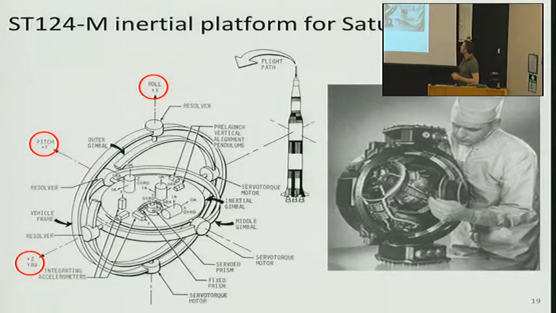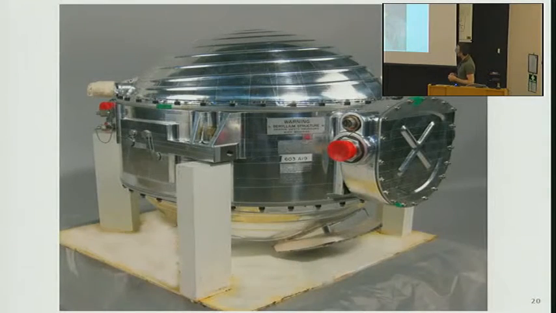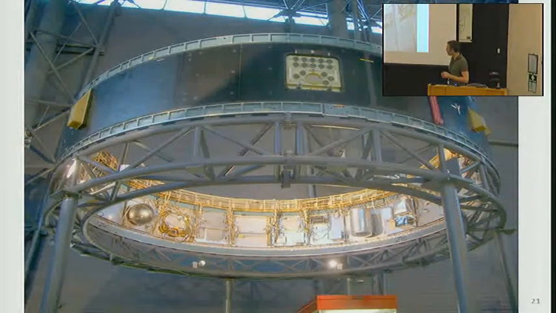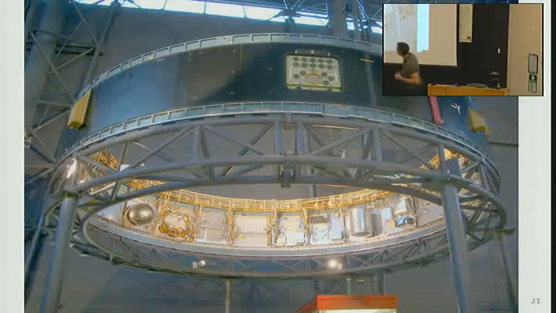Here's a guy assembling one of them. So it's pretty large, a bit smaller than Foucault's, but pretty complex. And these were assembled ready for use by putting it in this metal canister and then fixing it here in one of the sections of the Saturn V rocket. And the actual place where it fitted is just up here.